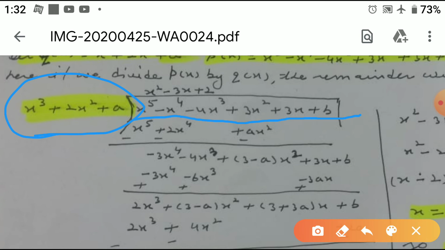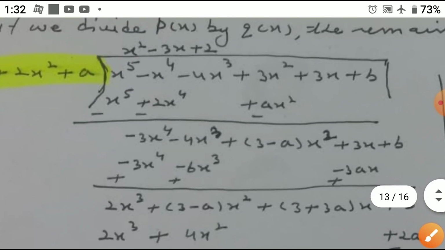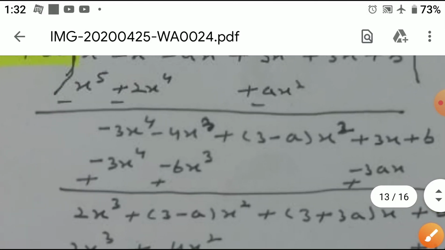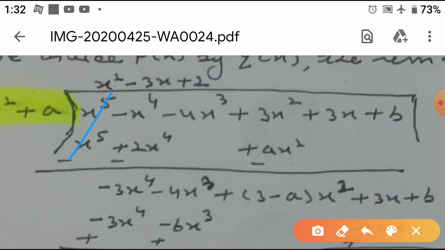Now the very first term is x^5, so we need to multiply this x cube with x square. So x^5 plus 2x^4 plus ax square, then change the sign. Clear? And now the important thing is this. Look at this. Let us zoom in a little. Look, this is cancelled. Here minus x^4 and minus 2x^4 is minus 3x^4. This is as it is. Now look at this.